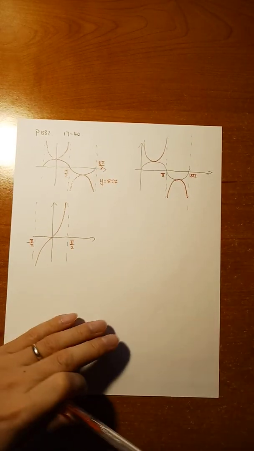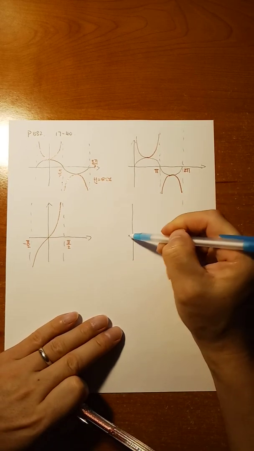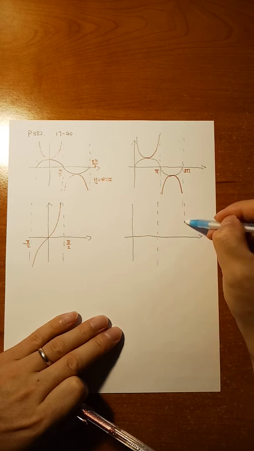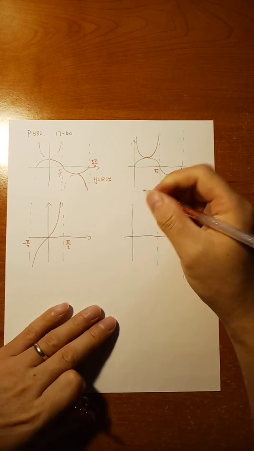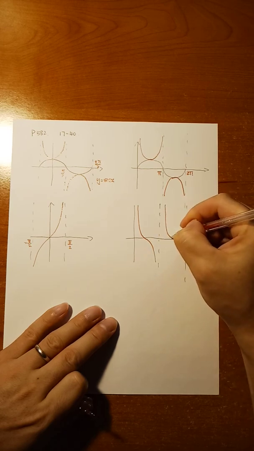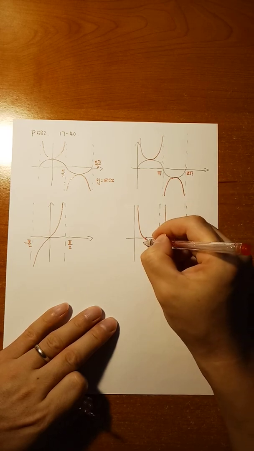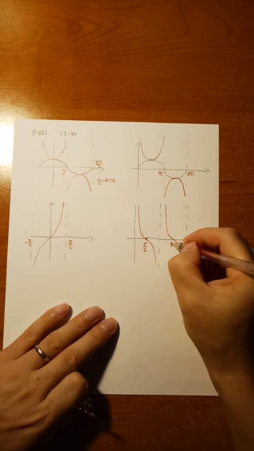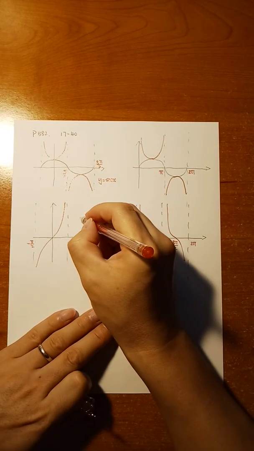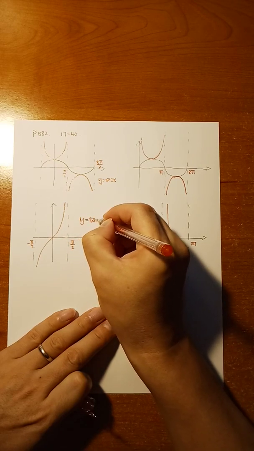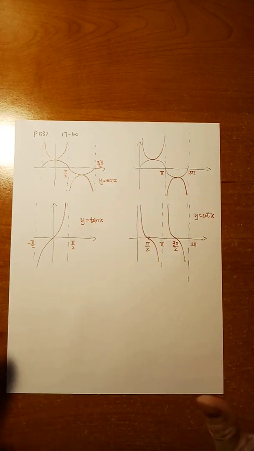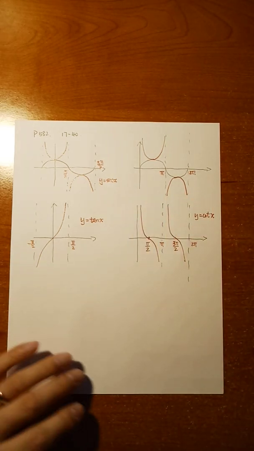And the cotangent, you'll have this way. This is pi over 2, 3 pi over 2. It's a pi, 2 pi. So y equal to tangent of x. y equal to cotangent of x. So first, you have to have those basic graphs in mind.